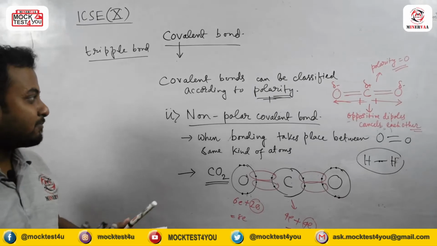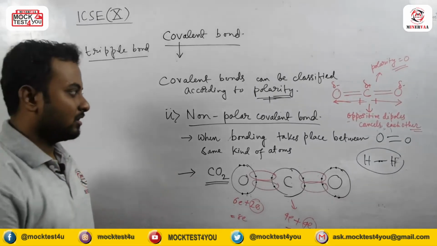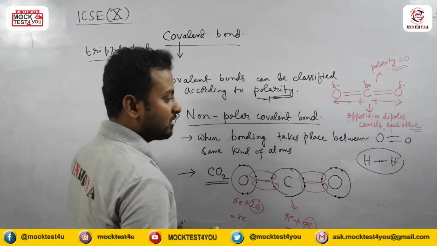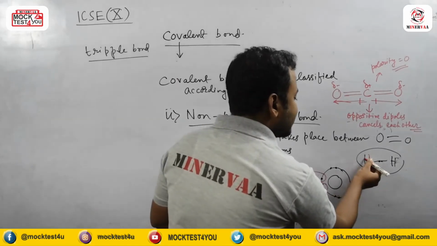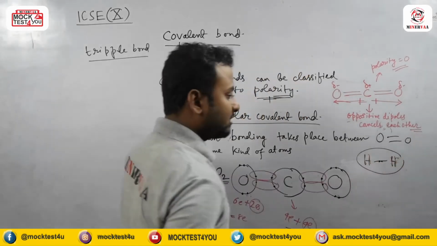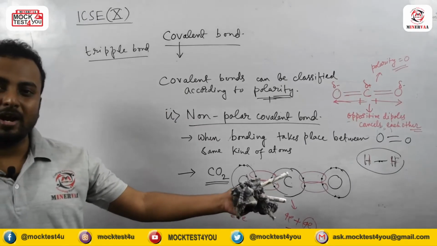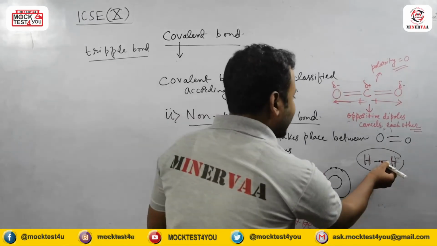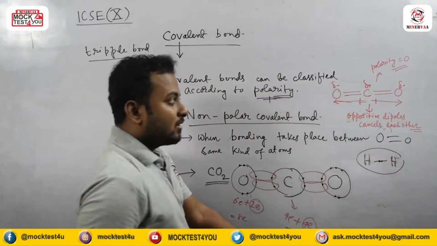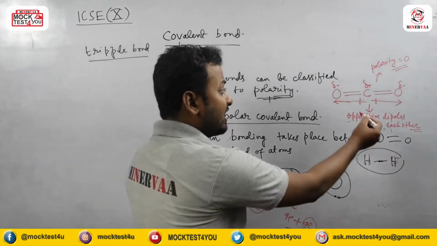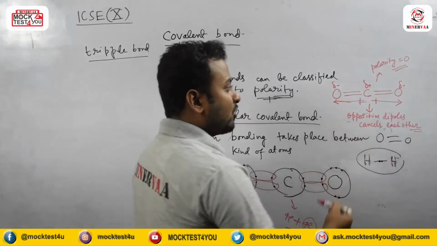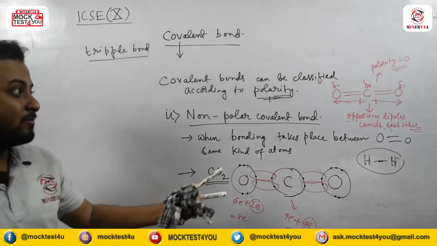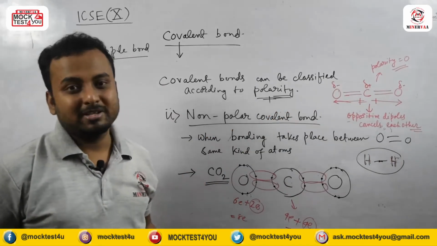So there are 2 types of conditions for non-polar covalent bond. When the atoms are the same, there is no electronegativity difference, and for that there will be no polarity. Okay. And when the opposite dipoles cancel each other, the polarity will be 0.